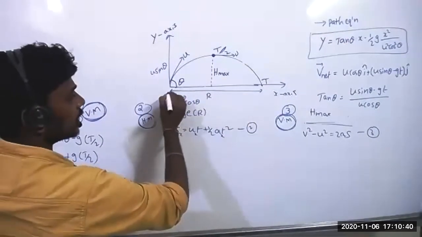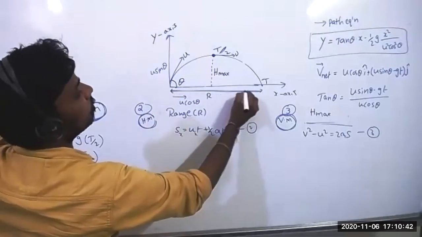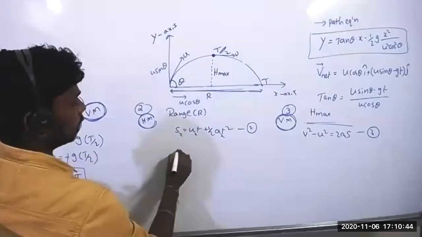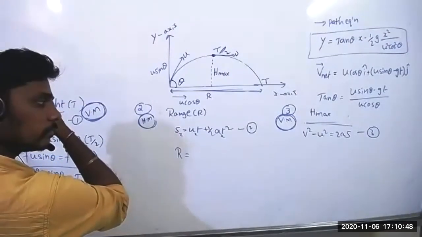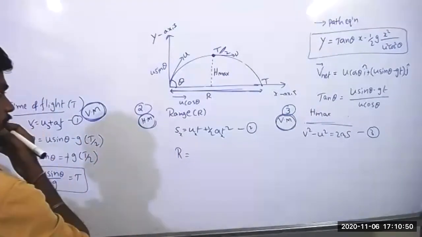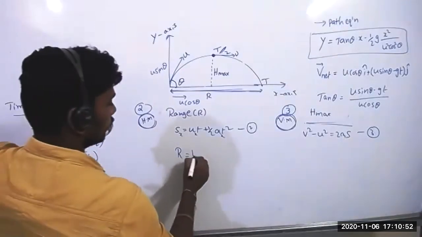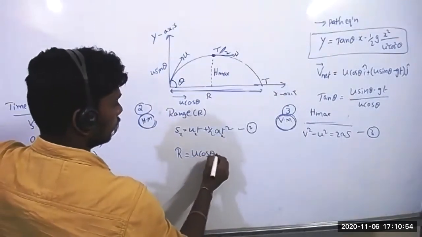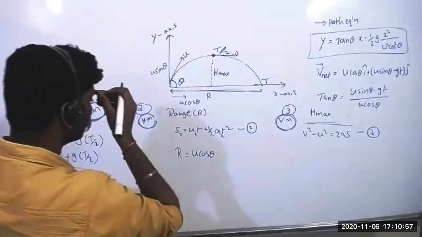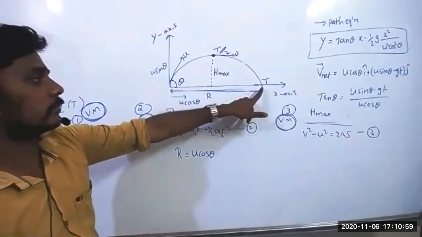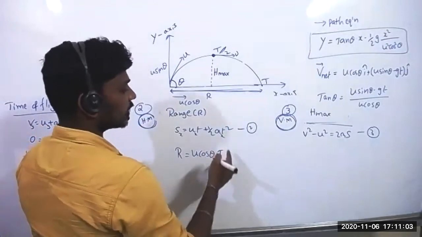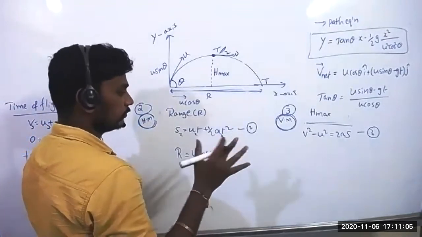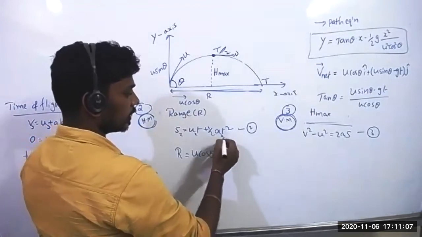R. What is the U? U cos theta. What is T? T. What about Ax? 0. That is 0.